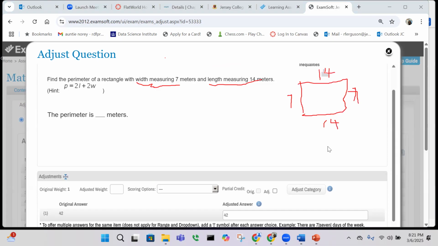So it's 14, 14, and another 14. 3 times 14 is 42. You could plug them in the formula: 2 times the length, 2 14s, plus 2 times the width, 7, 14. So you could visualize it and see that's why the answer is 42.